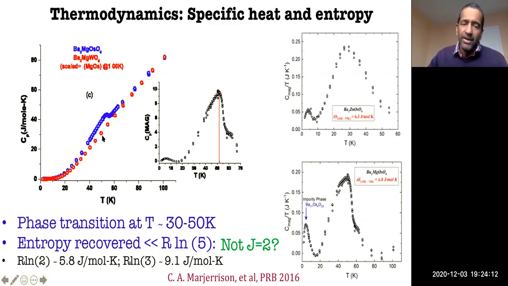So one scenario would be that, even in this system, there are 2 transitions. The higher temperature transition you're just not seeing, and the lower temperature transition is the one that you're seeing. That's one possible explanation, but we'll argue that that's not necessarily the case here. The upper transition is not necessary.